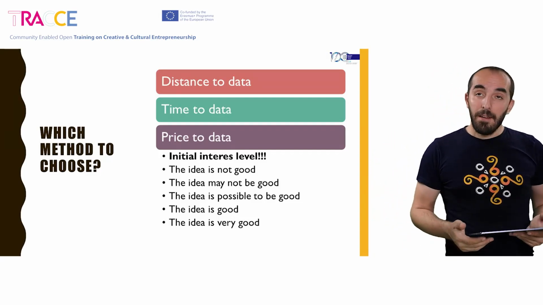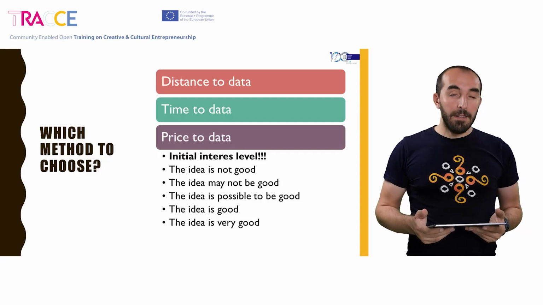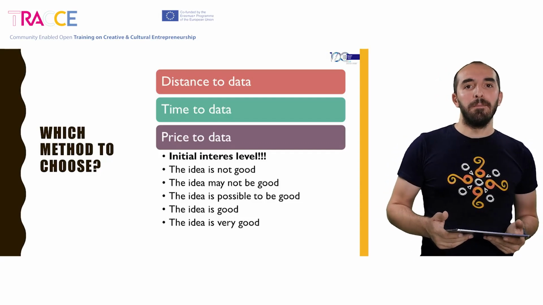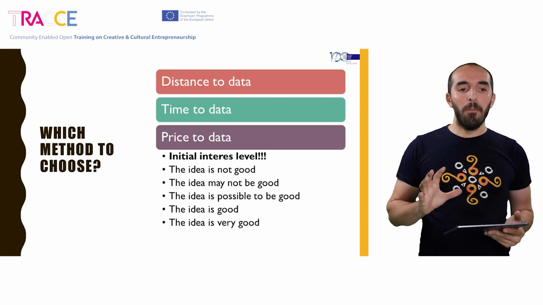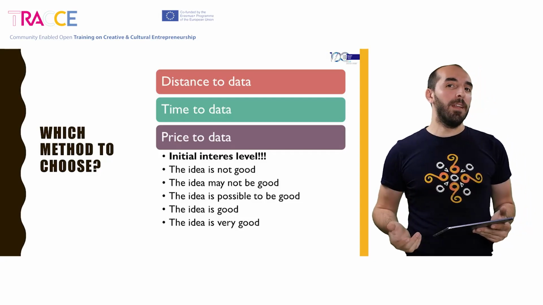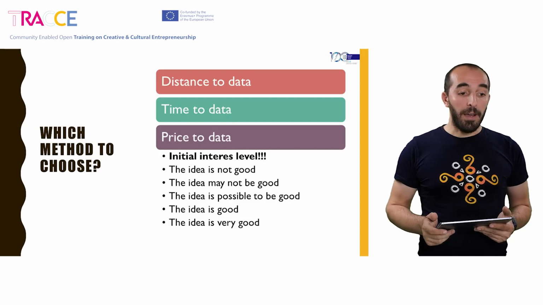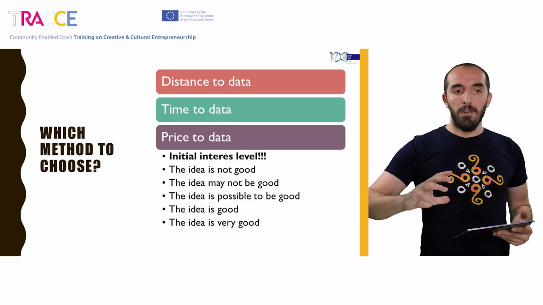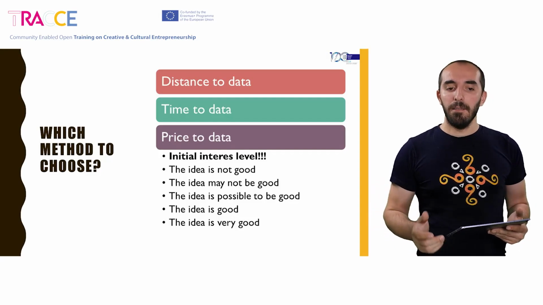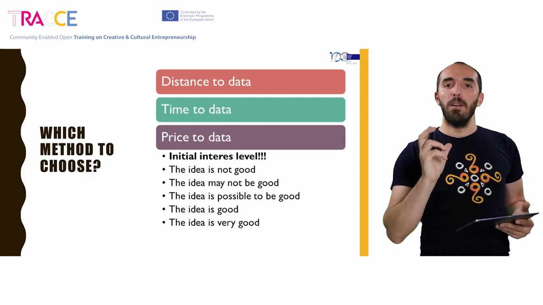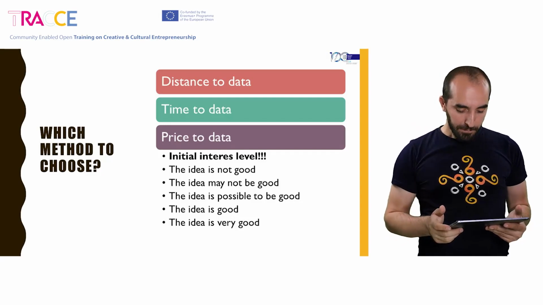The next interest level is that the idea may not be good. Now, based a little bit also on your feelings, here it may be a good idea to start to test it again, maybe in a small new shape.